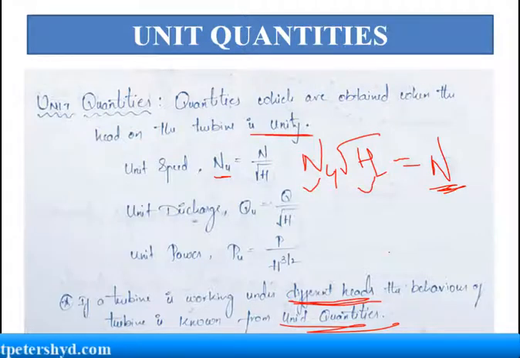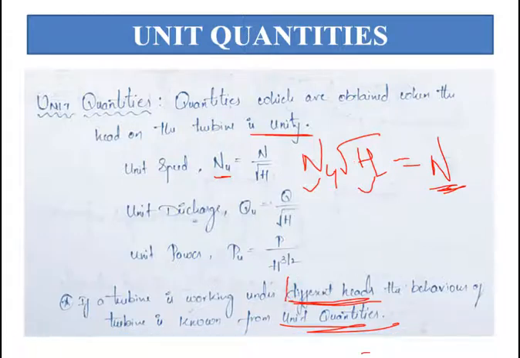And moreover, if you want to take different heads, and what is your particular quantity at that different head? For example, if this head is 1 unity, then you will get this particular speed if you know the unit speed. And if the head is like 2, that means it is varying.